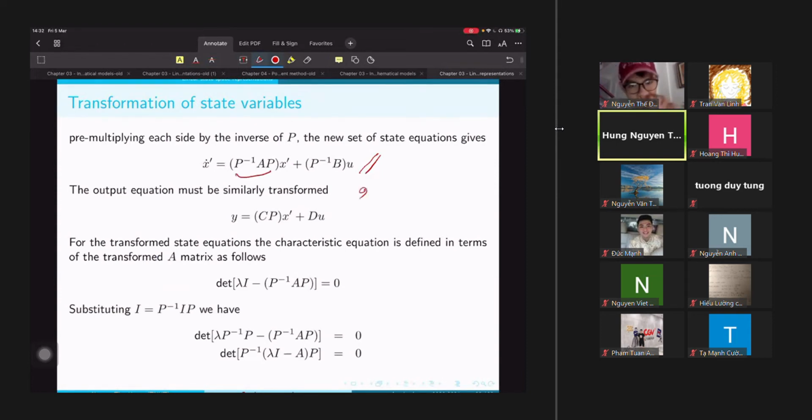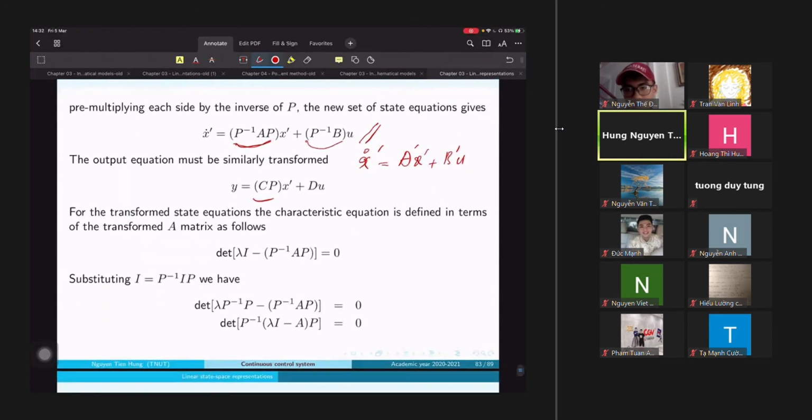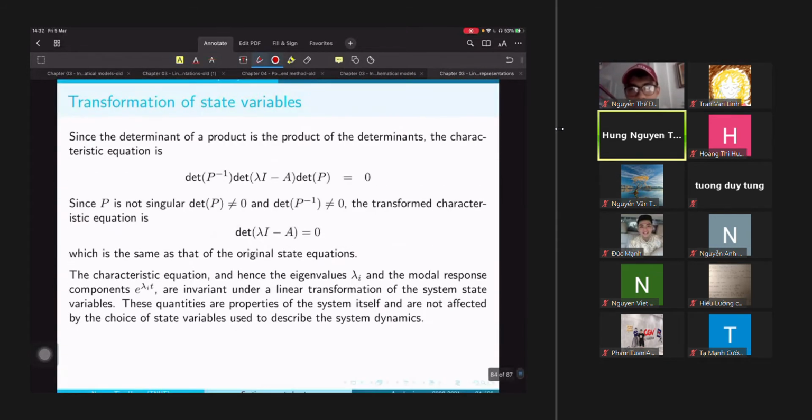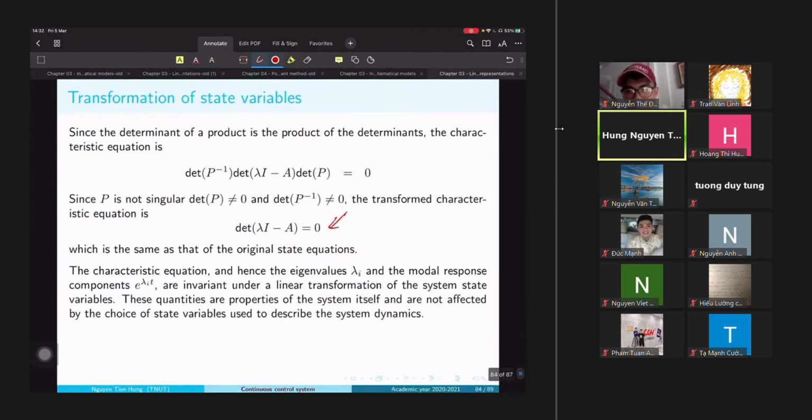So we can put X dot prime equals A prime X prime plus B prime u. This is A prime, this is B prime, and this is C prime. Now if you would like to calculate the eigenvalues, you put lambda I minus A prime, and you get this form and this form, and finally we see that it equals this.